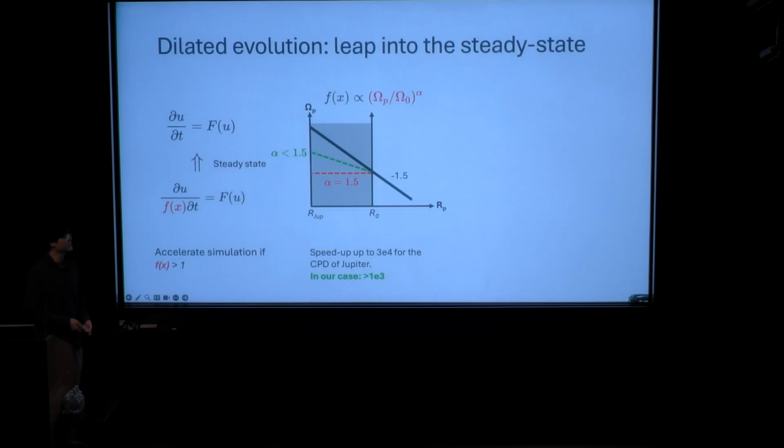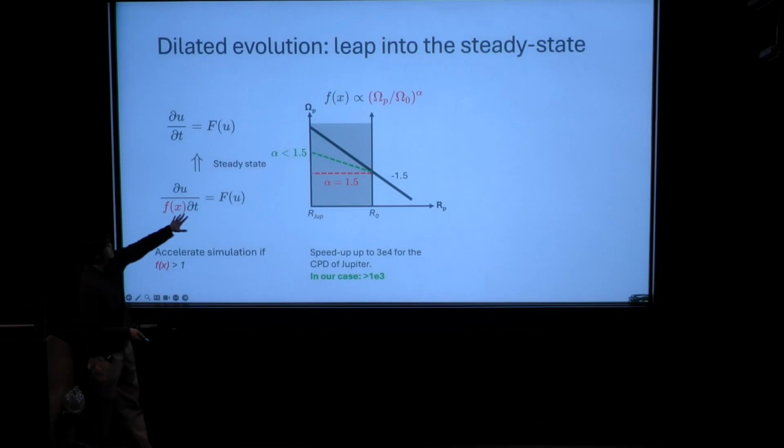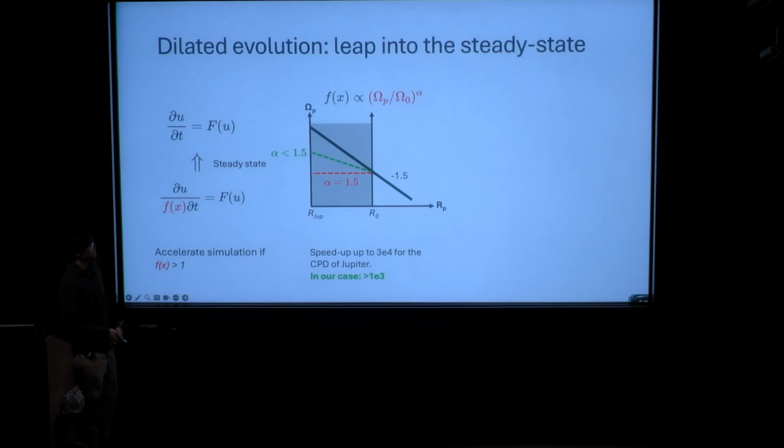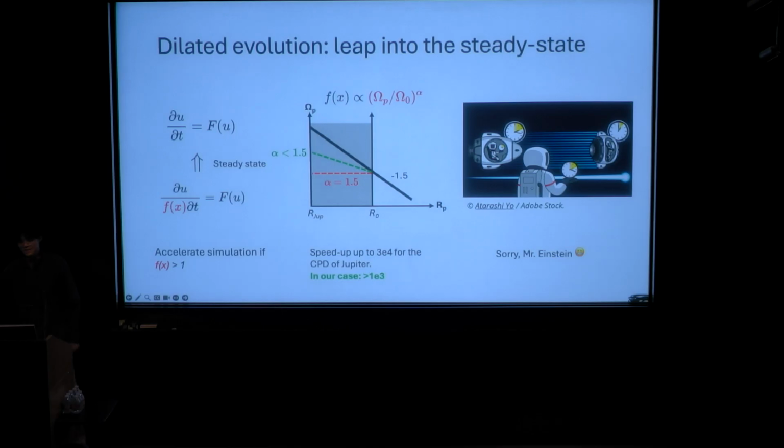In CPD, we have a characteristic dynamic time scale, which is the Keplerian frequency. We can choose the factor to scale with it, and depending on what factor you play, you can get a speed up of 1,000 or 10,000. So here we choose 10,000.